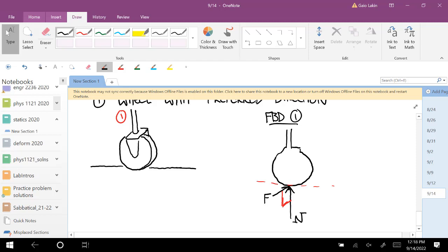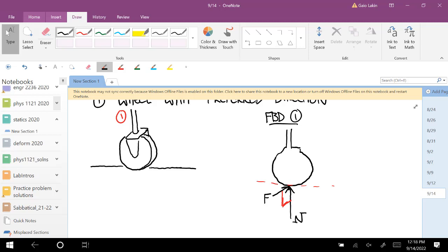Question? I was going to ask, is there a moment, like a couple? No, there's no moment yet on either of these. Because if you think about the directions, you could possibly argue that it's prevented from rotating about the vertical axis, but we're going to ignore that too.